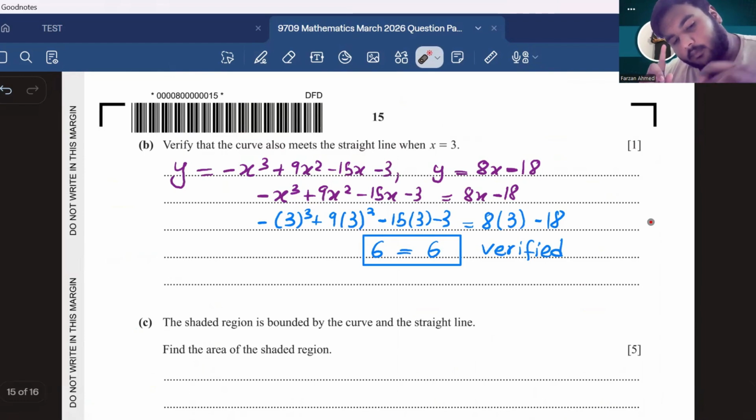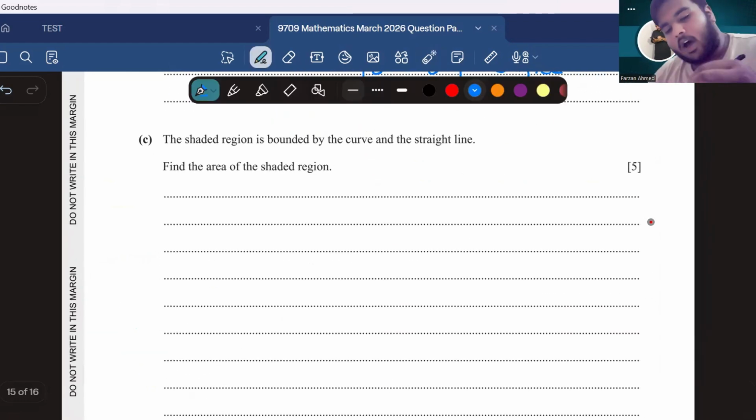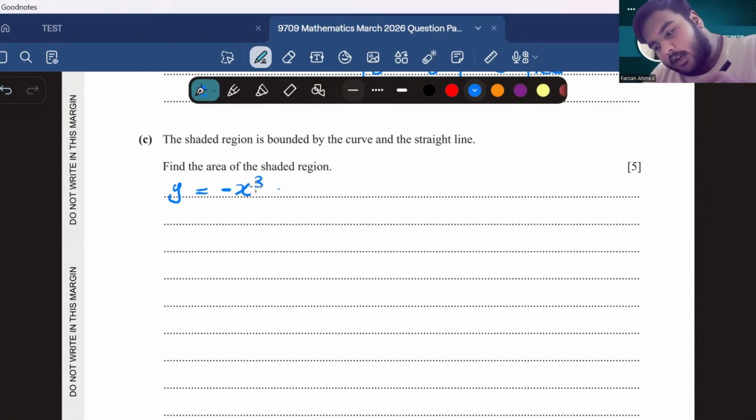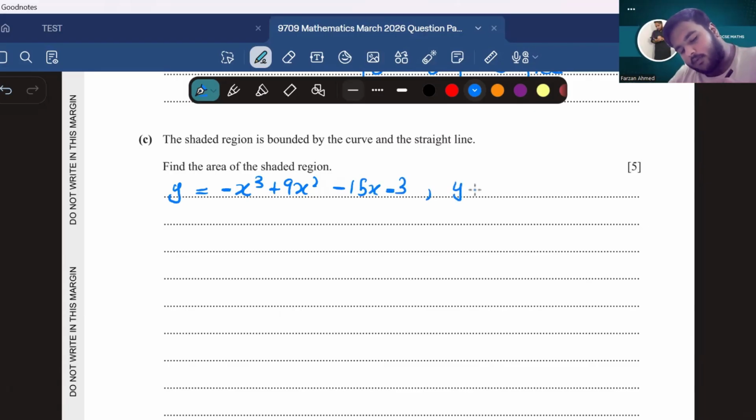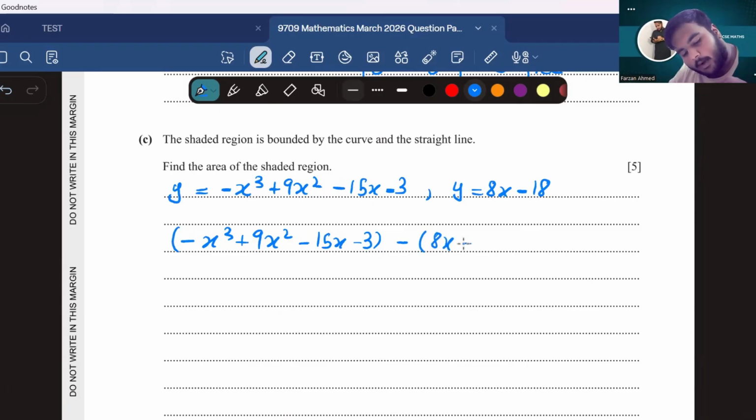The first equation is y equals minus x cubed plus 9x squared minus 15x minus 3, and another equation is y equals 8x minus 18. Now we take bracket minus x cubed plus 9x squared minus 15x minus 3 minus bracket 8x minus 18.